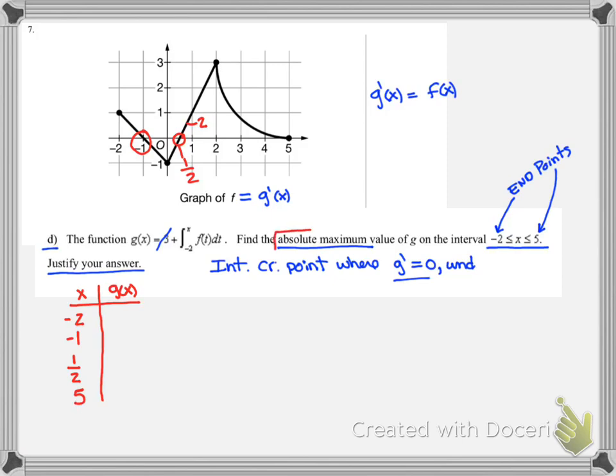But because we were looking for the absolute maximum, I know that we're going to have a minimum right here at x equals 1/2. This is going to be a min, so I can sort of rule that out. But I do know that at -1, because my derivative is going from positive to negative, this will be a relative max.